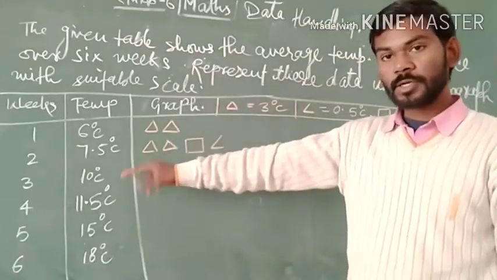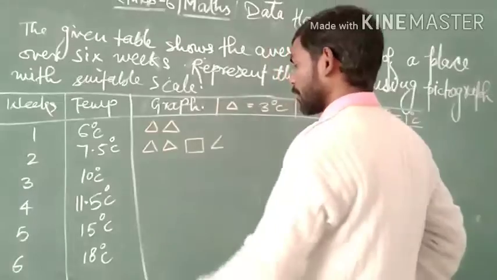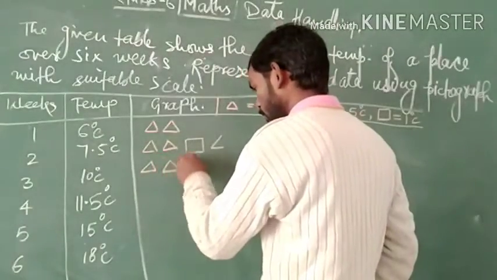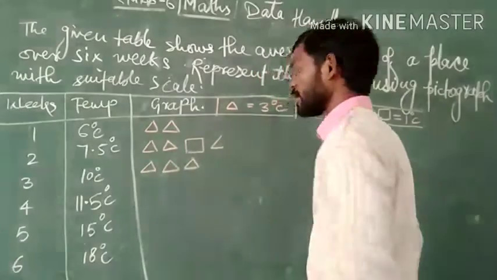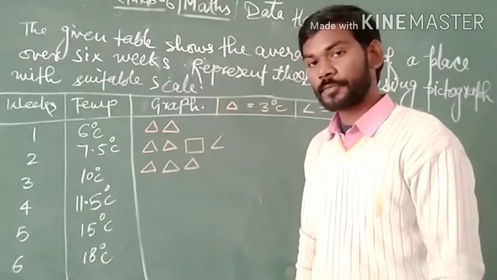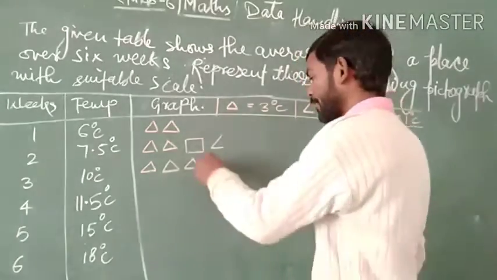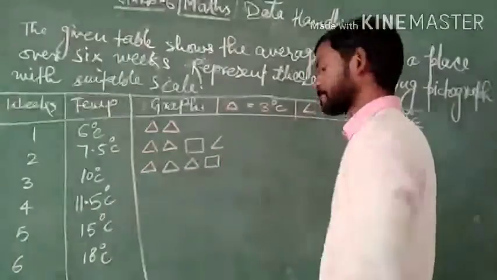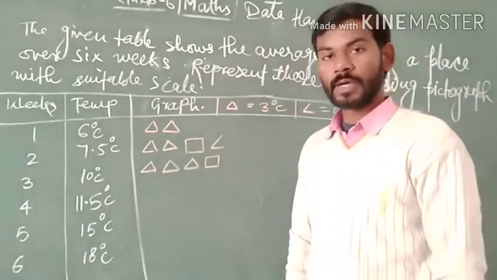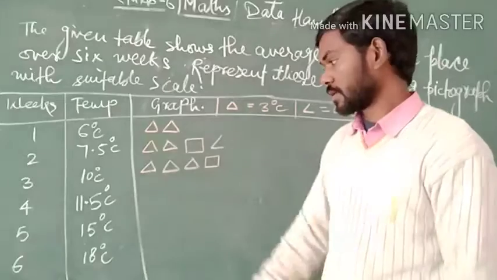Now the next is 10 degrees centigrade. For 10 degrees centigrade we shall draw first of all three triangles. 1, 2, 3. These three triangles will represent 9 degrees centigrade. But 1 degree centigrade is left, and so here we draw a square. This square will represent 1 degree centigrade. Now the total will represent 10 degrees centigrade.